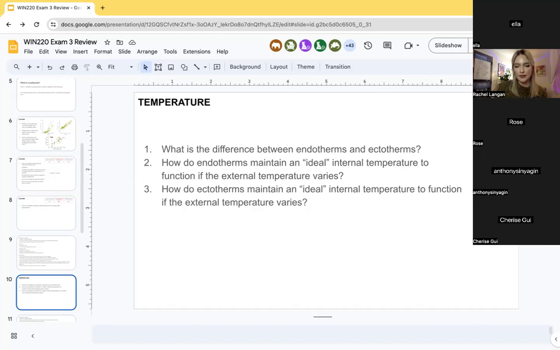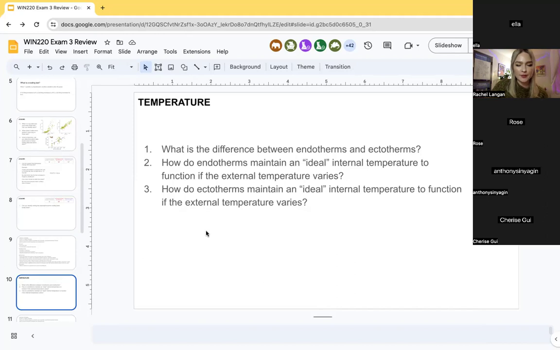So if there's sun shining, they might literally just move to a more shady area. But the big distinction is endotherms can change their metabolic rate to try to regulate their internal temperature. Ectotherms don't have that ability.